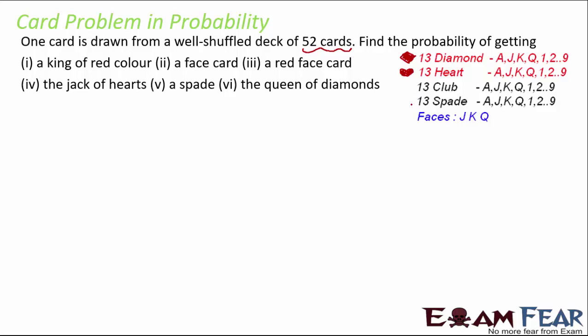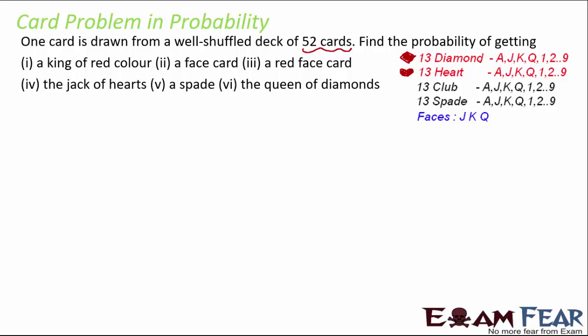Anyways, you have these 4 different shapes of card, and in each of these, for example, you have 13 diamonds, 13 hearts, 13 clubs, 13 spades. And again, diamond and heart are red colored, and club and spade are black colored, right? Now what are these 13 cards?